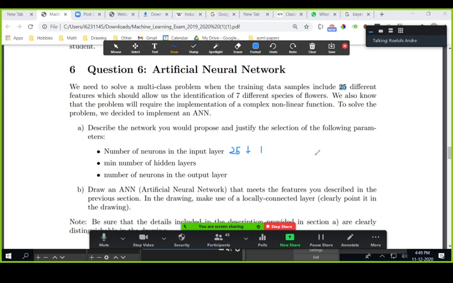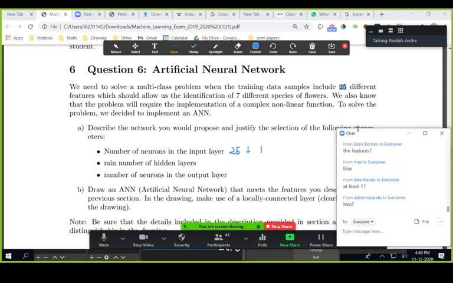So then the mean number of hidden layers. Anybody have any guesses? It's not hidden nodes, it's hidden layers, because hidden nodes can be wherever, dependent on your problem.